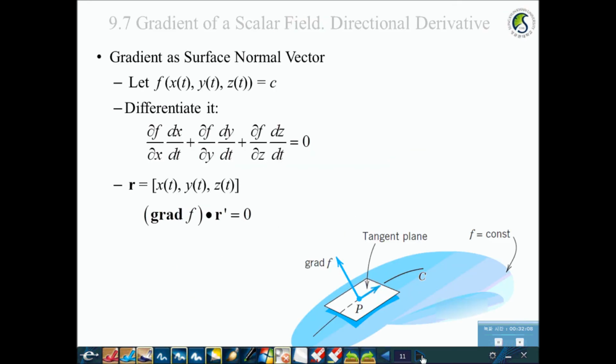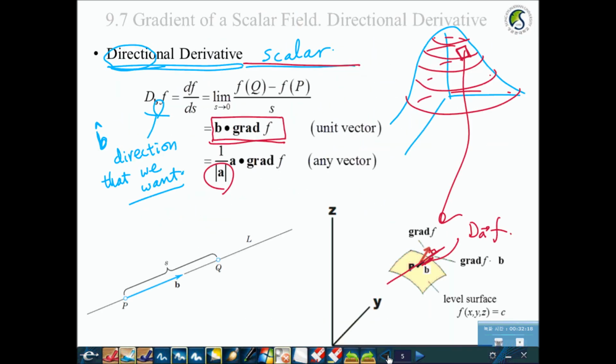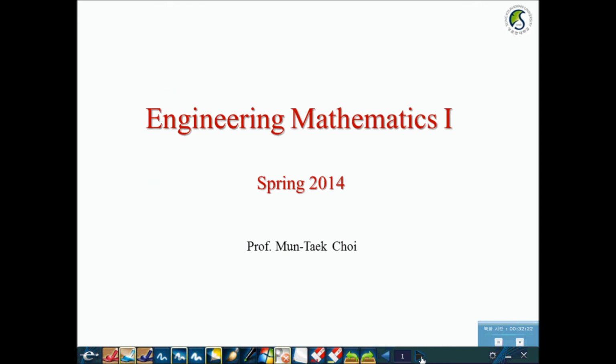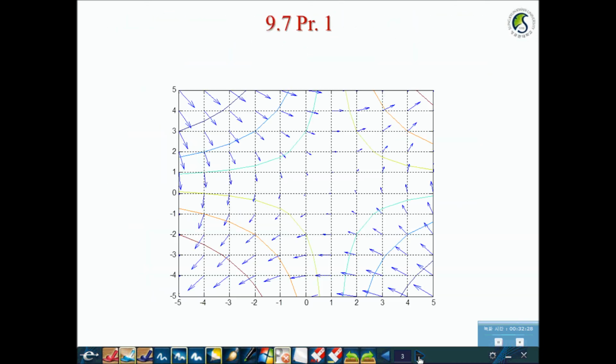The last concept of gradient. We need to know more about gradient because gradient is so important. First, it is the direction of rate of change.